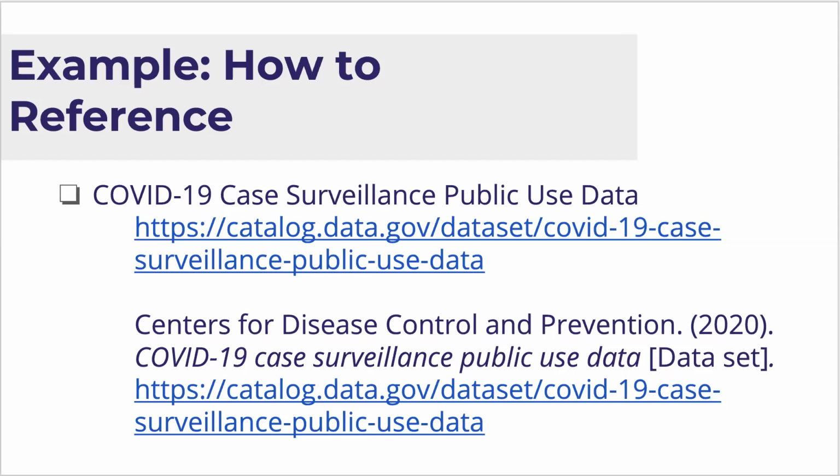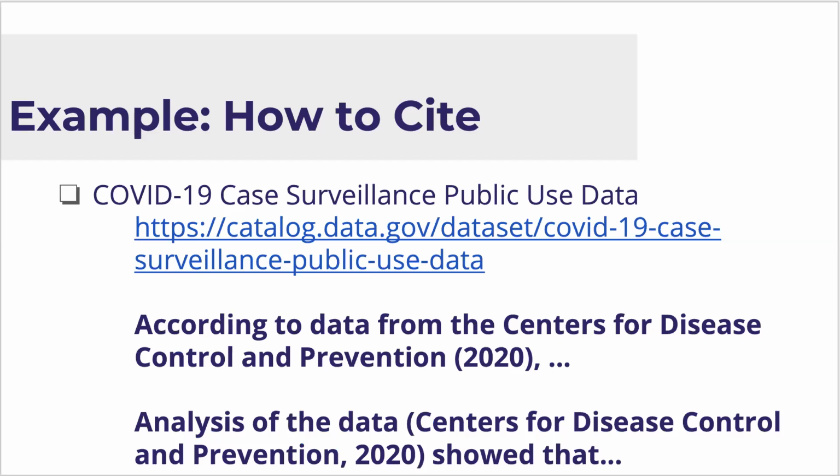And how would you cite that in the body of your text? Same way as any other thing. For example, according to data from the Centers for Disease Control and Prevention 2020, or analysis of the data, which came from Centers for Disease Control and Prevention 2020, showed that blah, blah, blah.